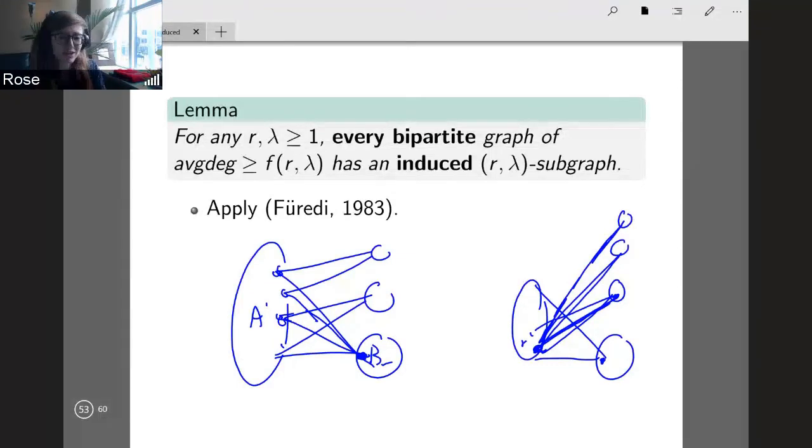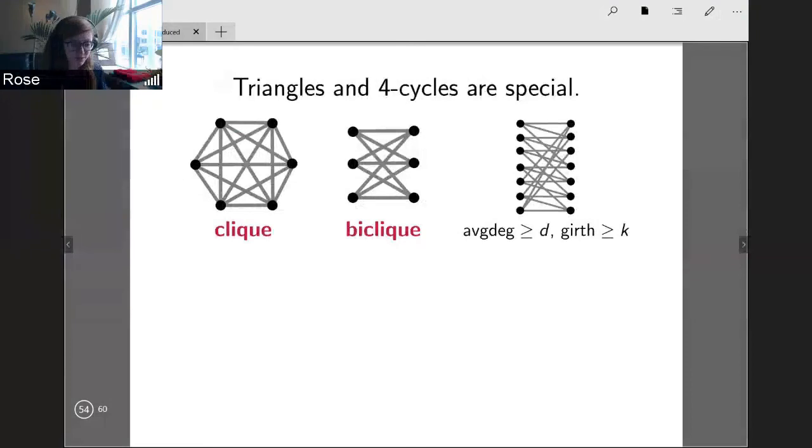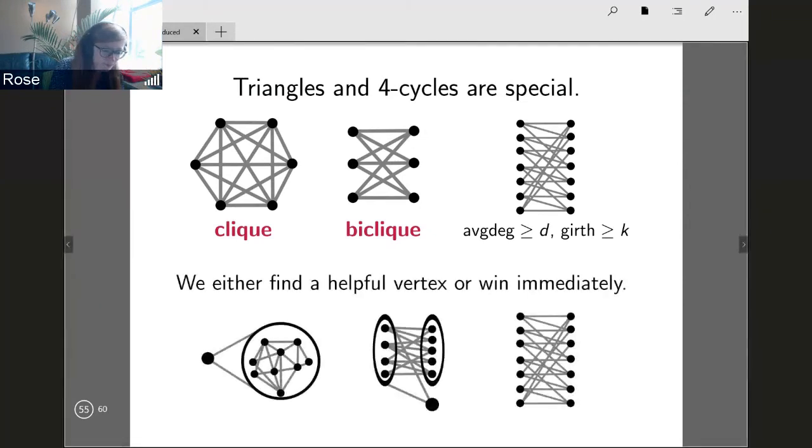So without saying anything more technical about that, let me just say something more general, which is that triangles and 4-cycles are special. And let me say why that is, and why you shouldn't get any other special cases for induced subgraphs.